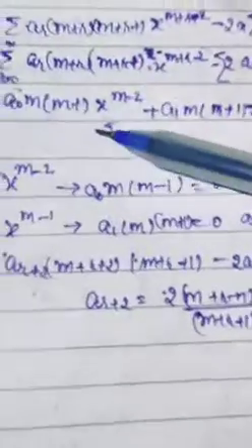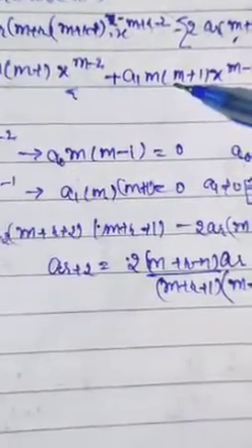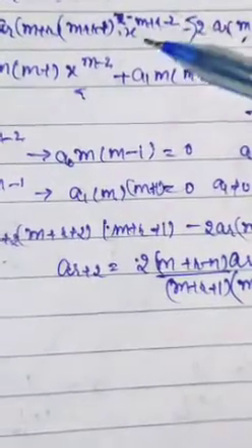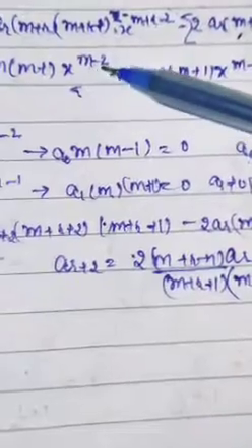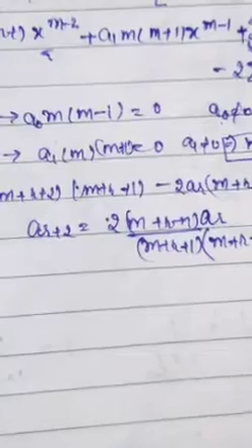So we have to put the value of r as r equals 0 and r equals 1. So we get the results x raised to the power m plus r, when r equals 0 gives m minus 2 and this gives m minus 1. So the equation becomes like this.